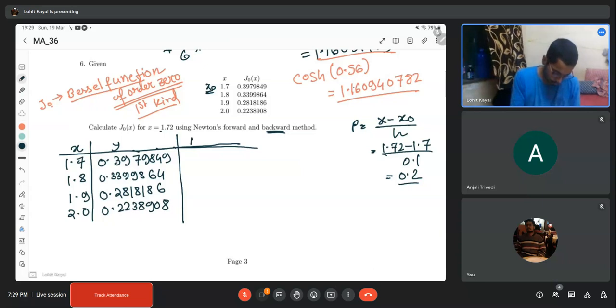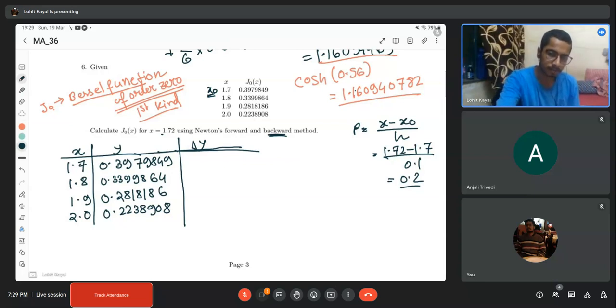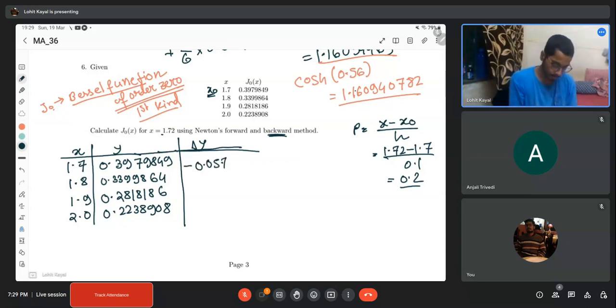What is the value of delta y? The first term is 0.3399864 minus 0.3979849, which is minus 0.0579985.